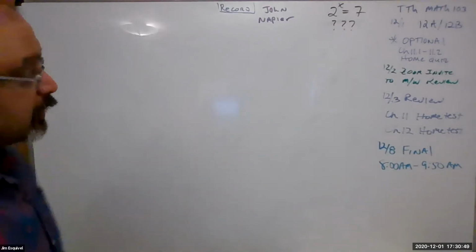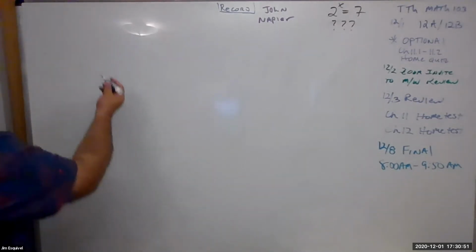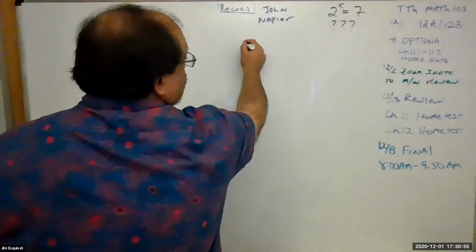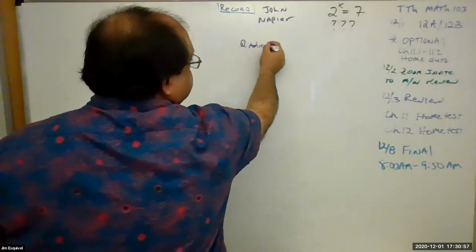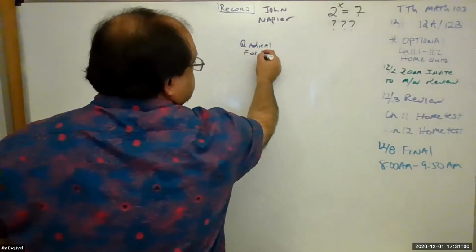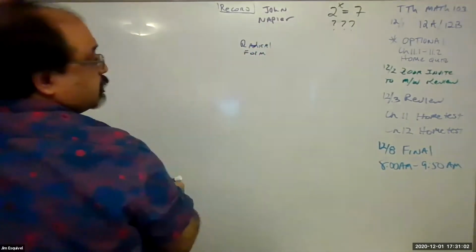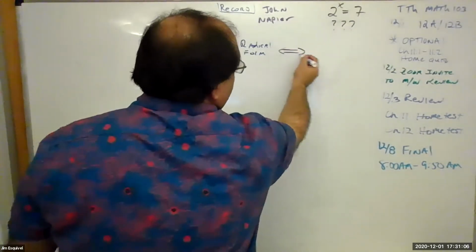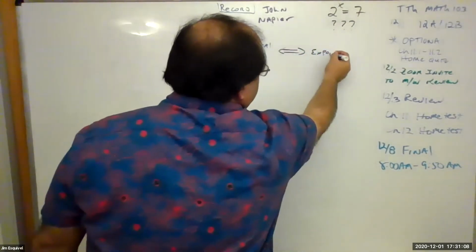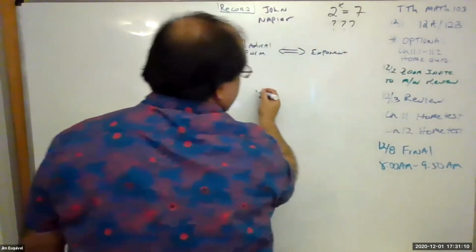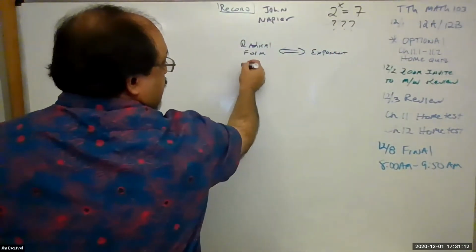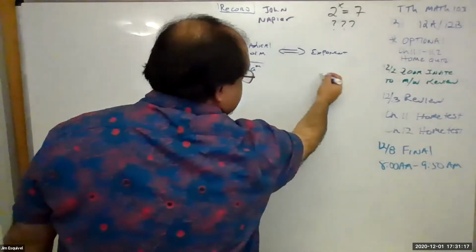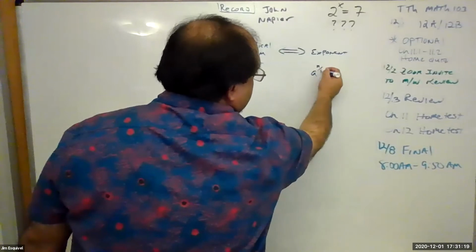So here's how it works. Just like you had radical form, and you are supposed to be able to convert that backwards and forwards into exponent form in chapter 10. The nth root of a to the m is a to the m over n.